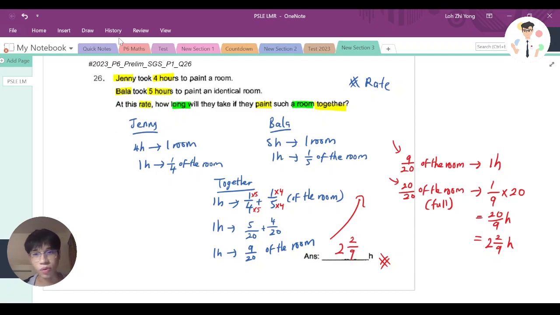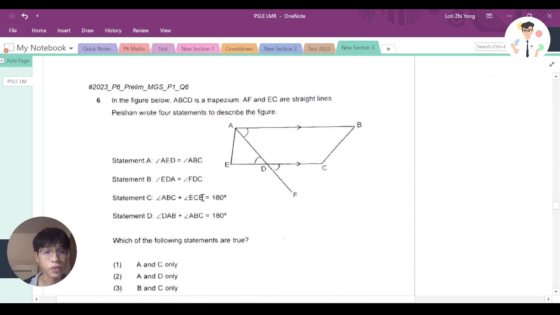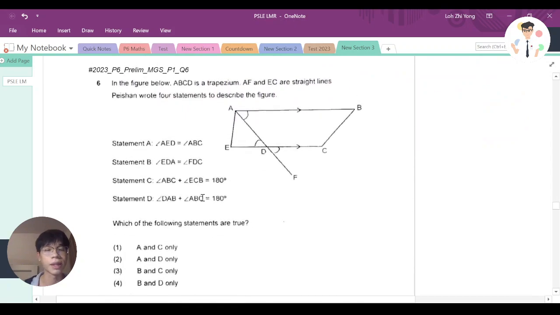So don't tell me you don't know. We have practiced this question before. Of course, the same with all the questions that we have practiced or discussed in this series. Okay? So let's move on to our next question. And our next question is from MGS paper 1, question number 6. So here say that in the figure below, ABCD is a trapezium.